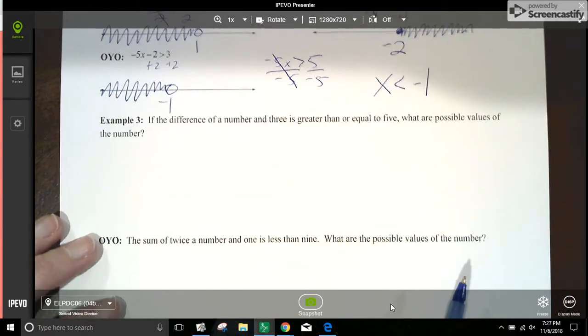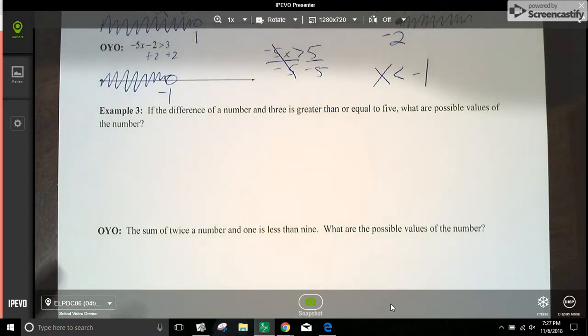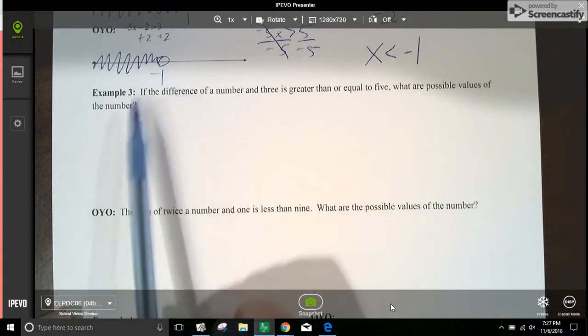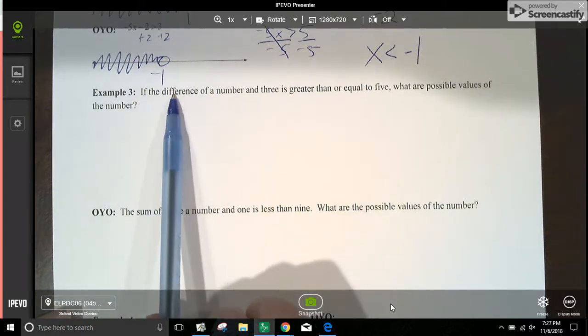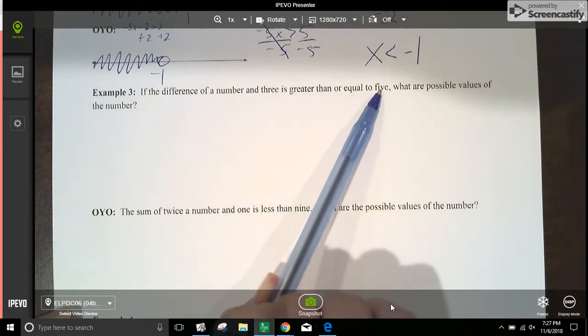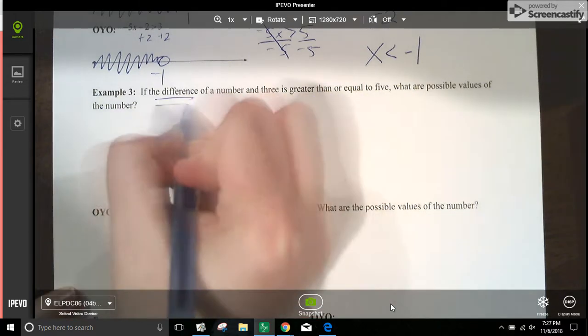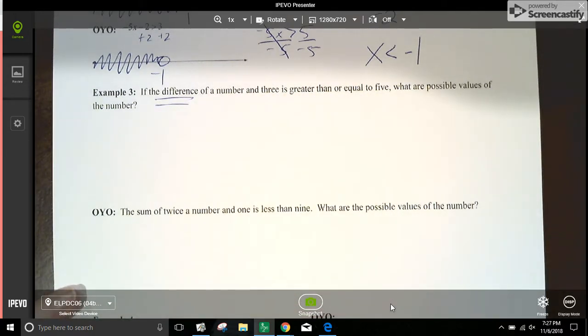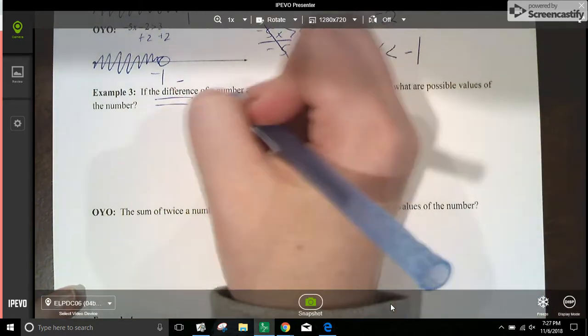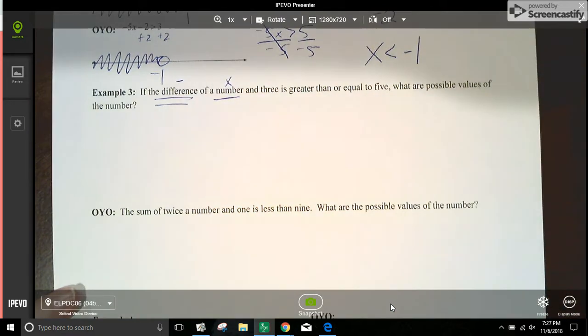All right, so we're going to do just a few examples of setting things up with word problems. It says, if the difference of a number and 3 is greater than or equal to 5. So difference means subtraction. And of a number, we don't know that number, so that's x.